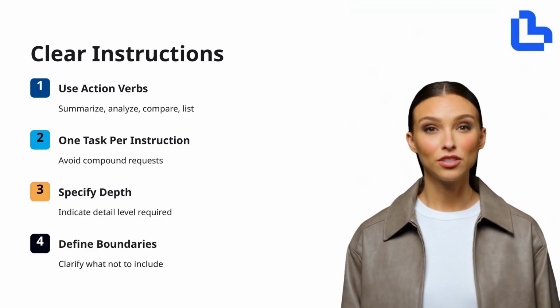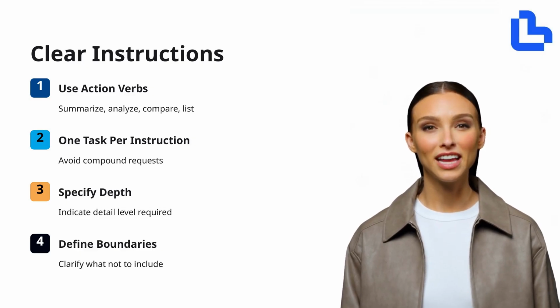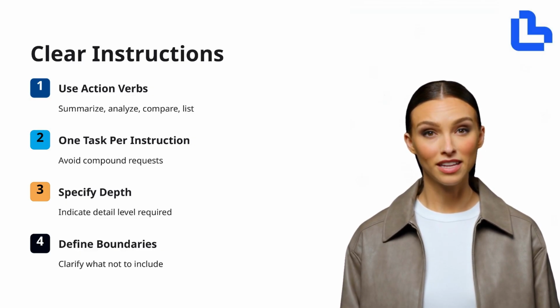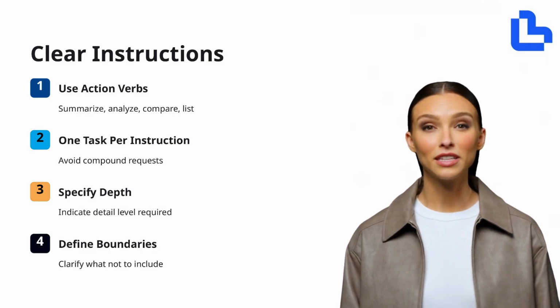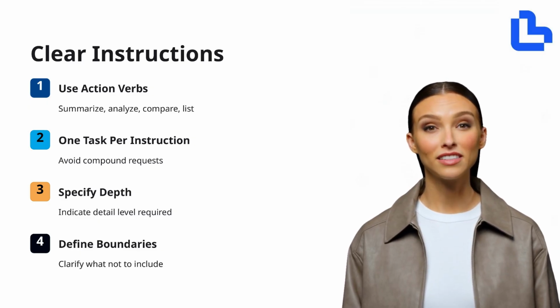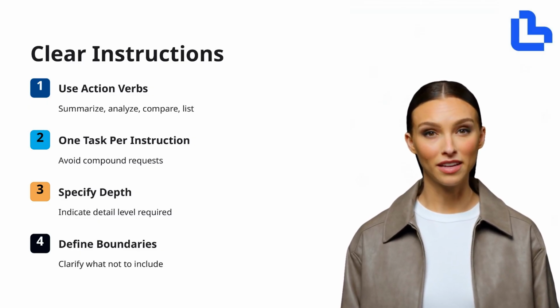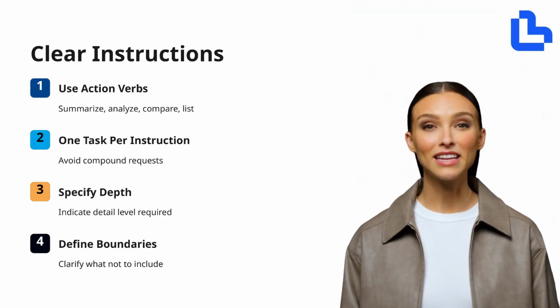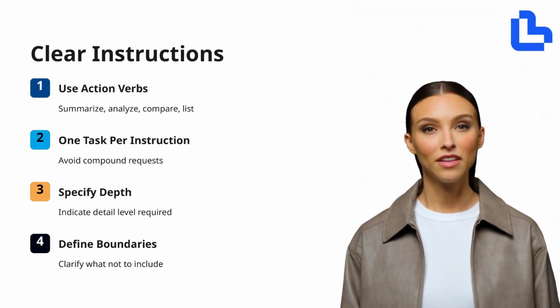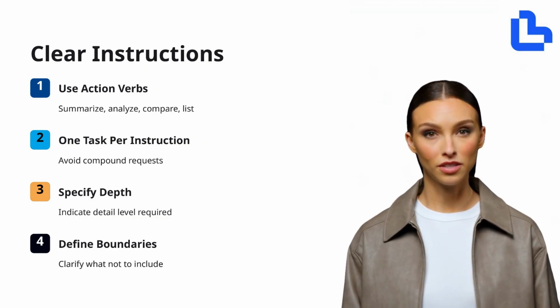These verbs act as triggers that help the model understand the type of response you're expecting. Next, stick to one task per instruction. Avoid compound prompts like summarize this article and then write a tweet about it. That's two different tasks. Instead, break it into two separate prompts. This helps the AI stay focused and deliver higher quality results.